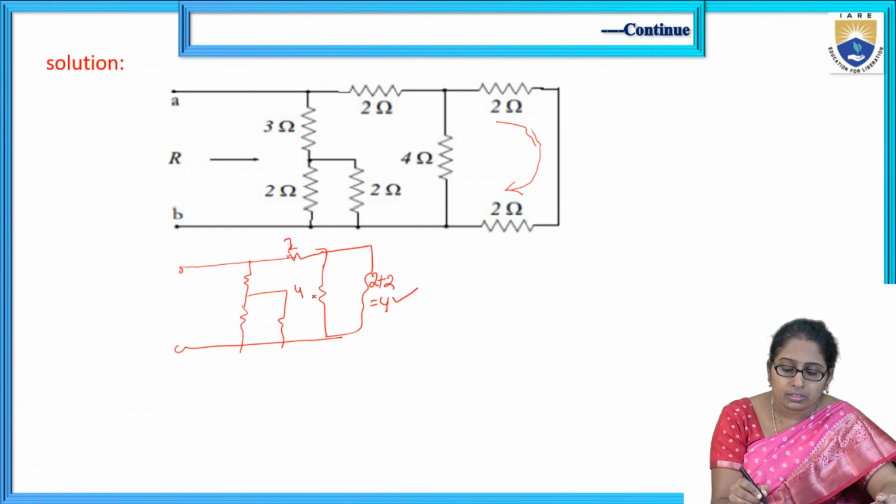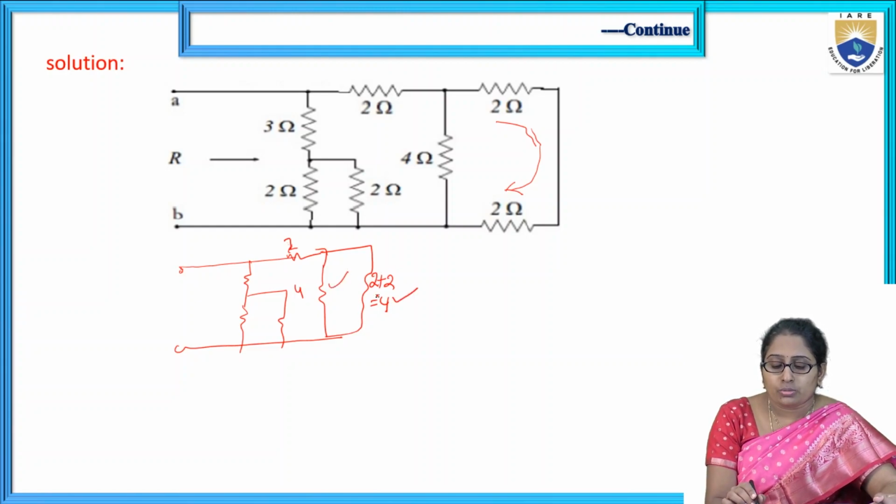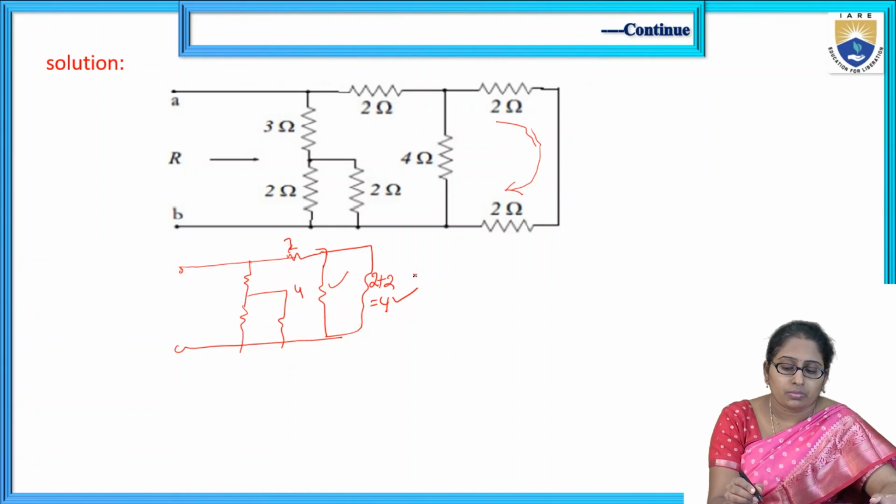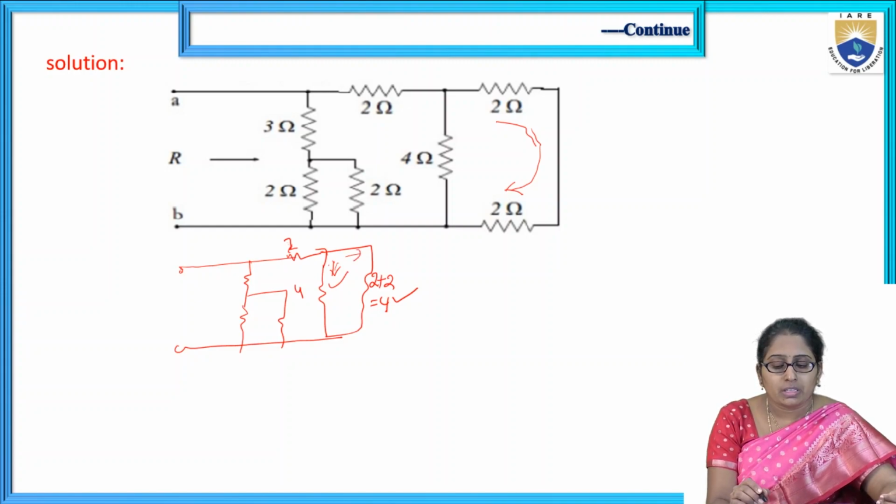This 4 and this 4. From the connection, we can understand that they are in different paths, meaning different currents, so they are in parallel.